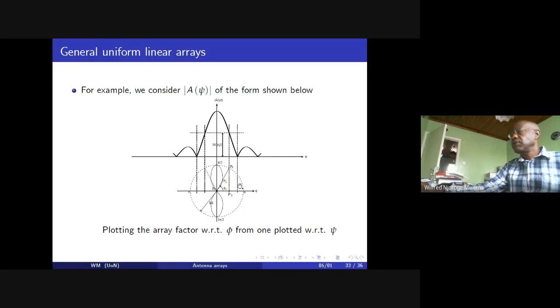Now below it, centered at the axis, the A of ψ magnitude axis, we can draw a circle with radius P1, P2, and then plot the values, reading off from different points on the A of ψ plot.